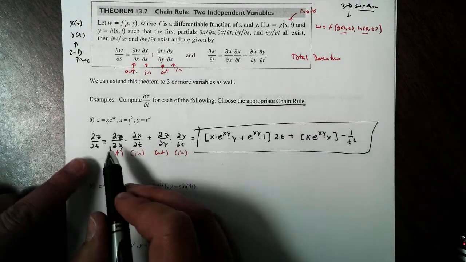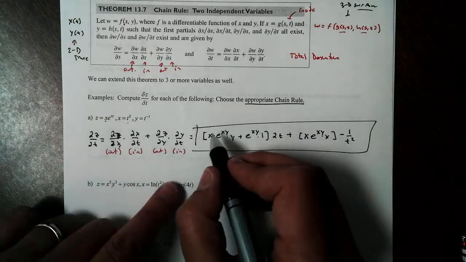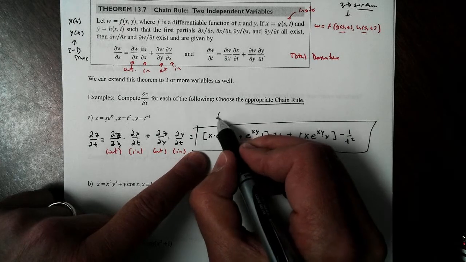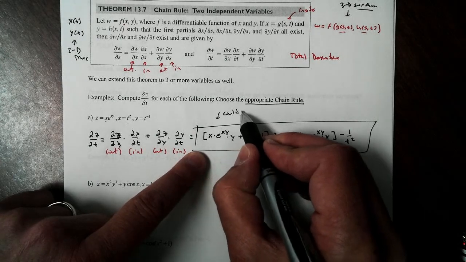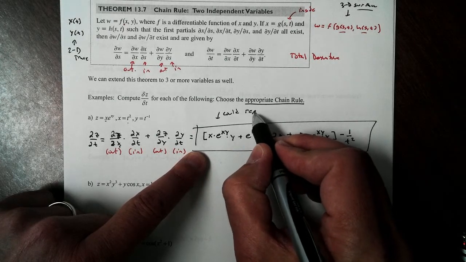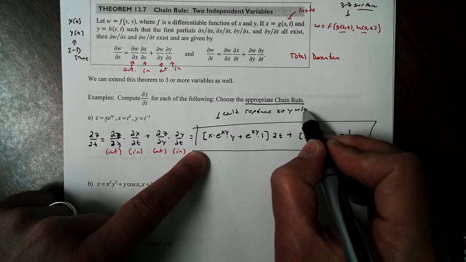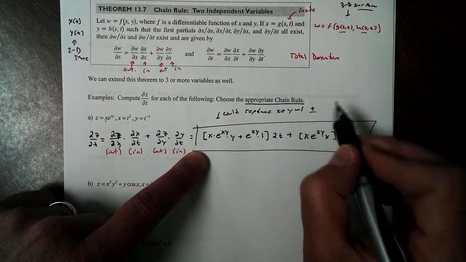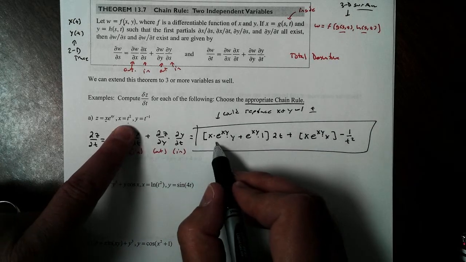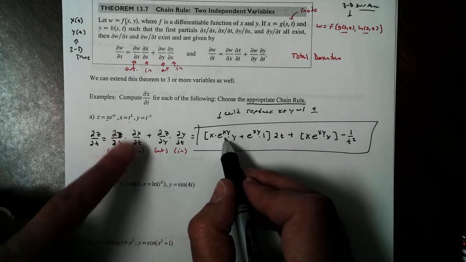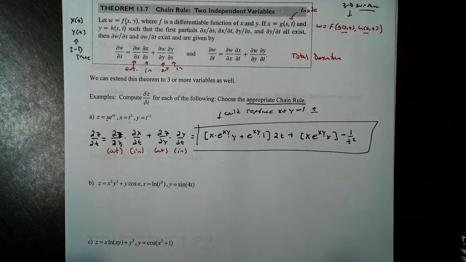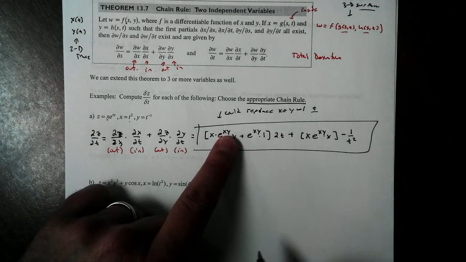Now, of course, we do want this with respect to t. So what you could do is replace your x and y with the t components. For example, x is t squared, y would be t to the negative 1, and you can replace that. Now, that's one way we could do the chain rule.